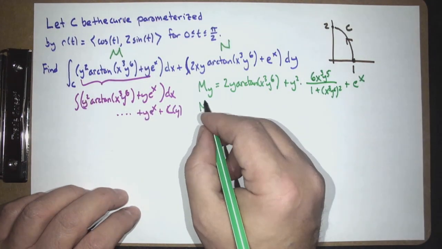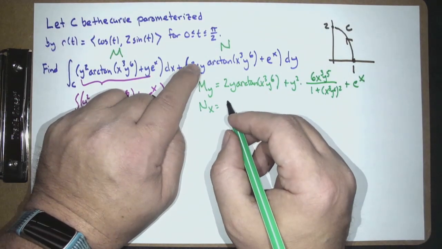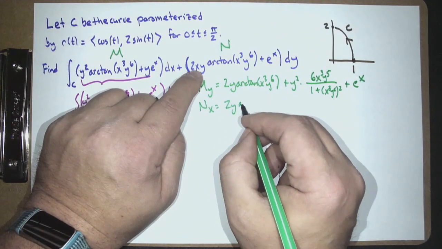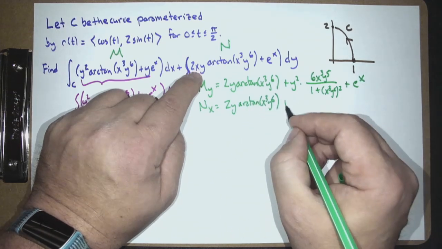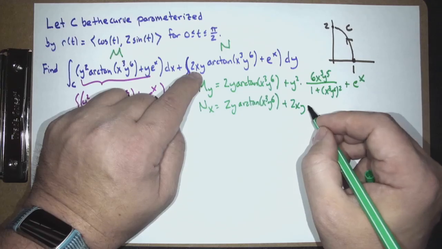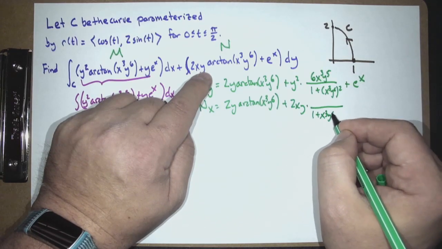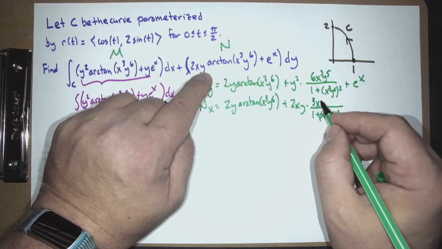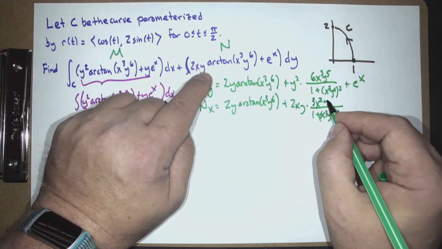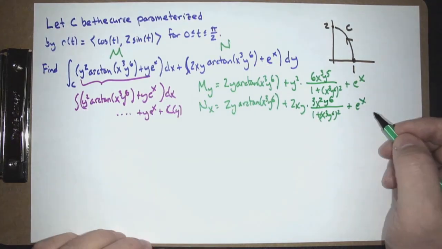What is N sub x? Product rule. 2y arctangent x cubed y to the 6th plus 2xy times 1 over 1 plus x cubed y to the 6th squared. And then upstairs it'll be 3x squared y to the 6th plus an e to the x.